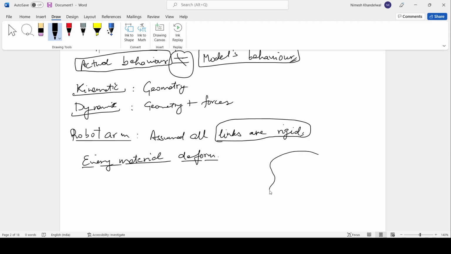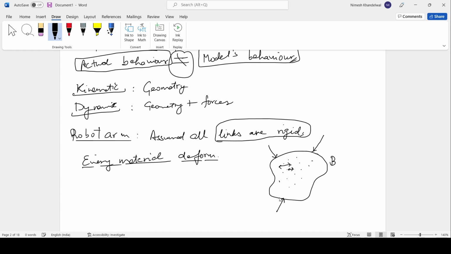What does rigid actually mean? Let us say that this is your body, let us call this B. If I assume that this body is made up of some particles, then the relative distance between any two of the particles remains the same irrespective of the force applied on the body.